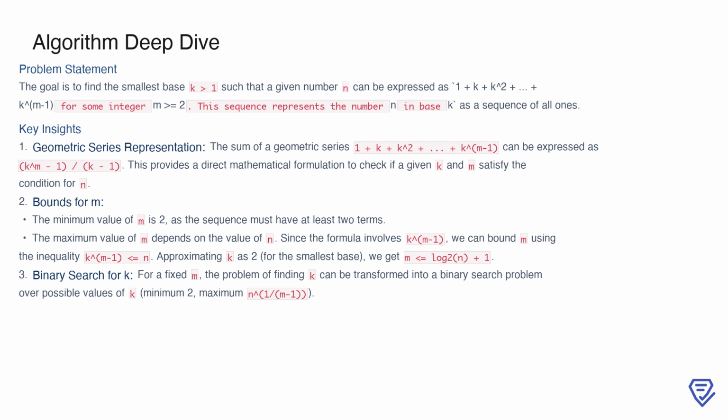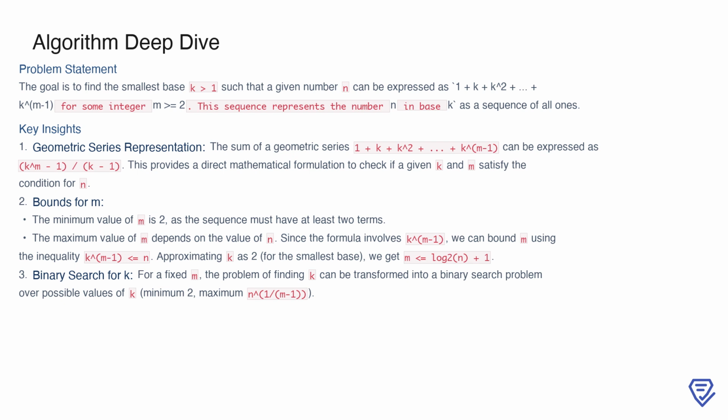Specifically, the sum of this series can be expressed as (k^m - 1)/(k - 1). This formula allows us to directly check if a candidate base k and sequence length m satisfy the condition for n. Now, to determine the range of m, we note that the sequence must have at least 2 terms, so m starts from 2.